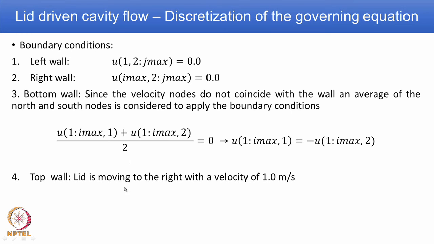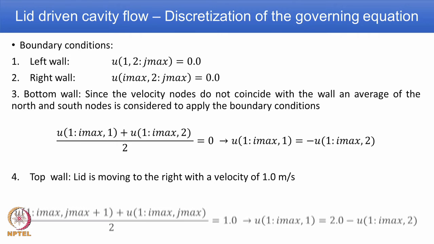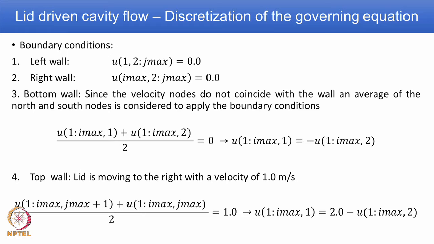On the top wall, we mentioned the lid is moving to the right with a velocity of 1 meter per second, and that is also ensured in a similar way, by taking an average. So, u at 1 to i max, j max plus 1, plus u at 1 to i max, j max, divided by 2, should be set to the desired velocity, that is 1.0.